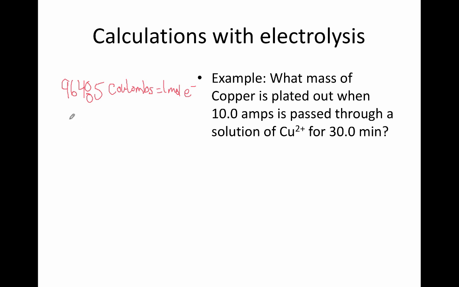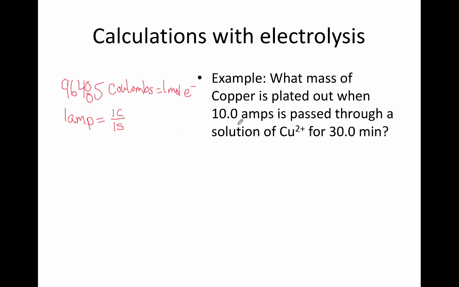You also need to know what an amp is. And 1 amp is 1 coulomb per 1 second. So that allows you to convert between coulombs and seconds.